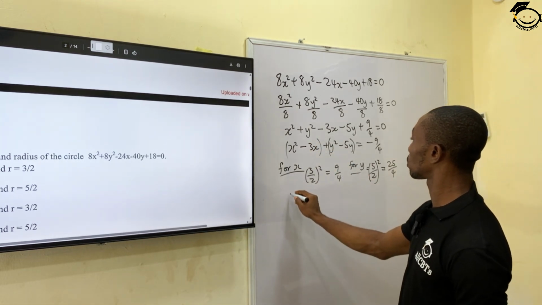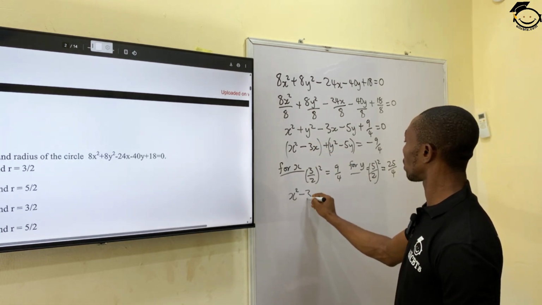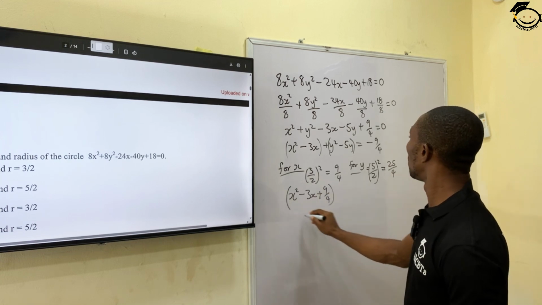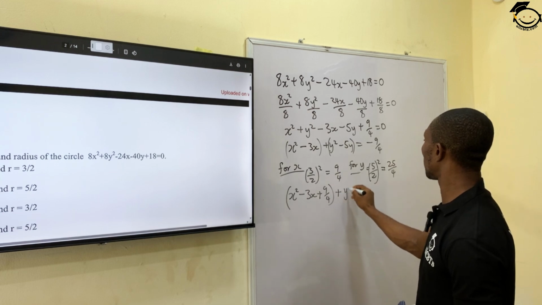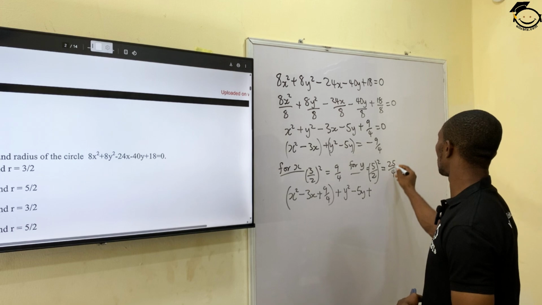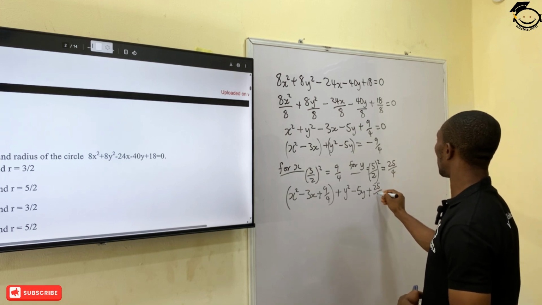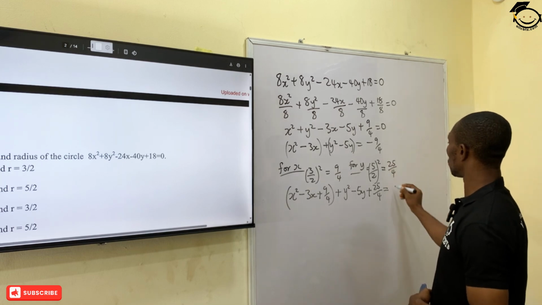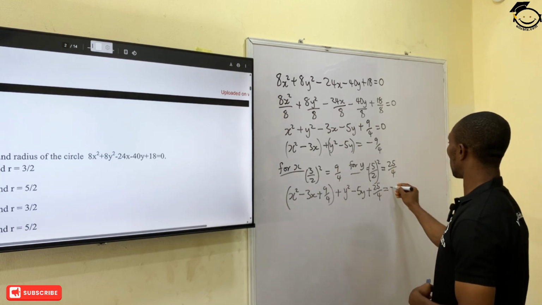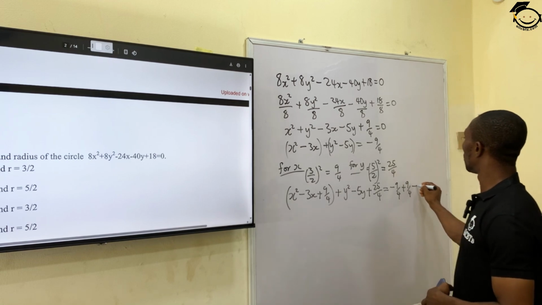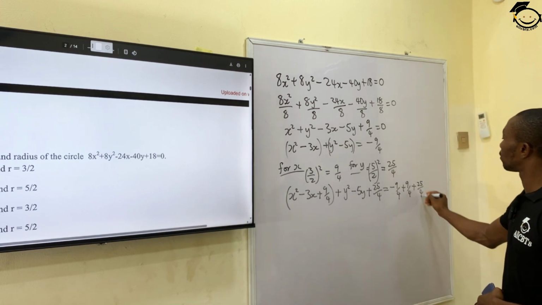This becomes x squared minus 3x plus 9 over 4 plus y squared minus 5y plus 25 over 4, which will give us, to this side, we're adding both of these, minus 9 over 4 plus 9 over 4 plus 25 over 4.